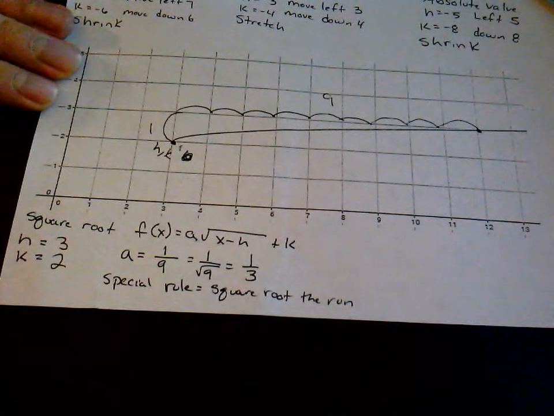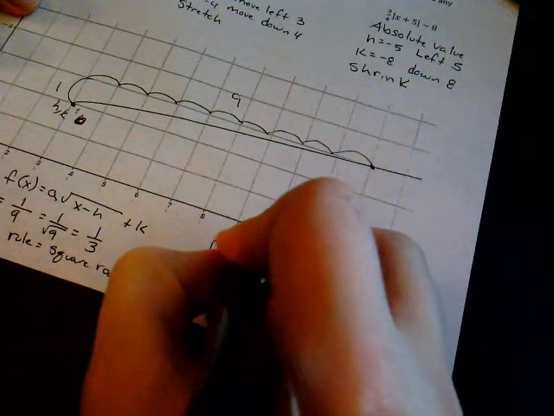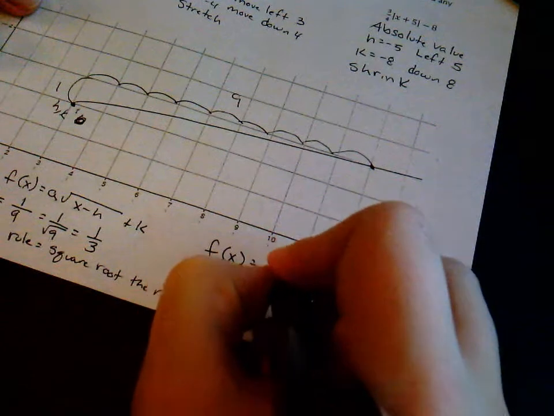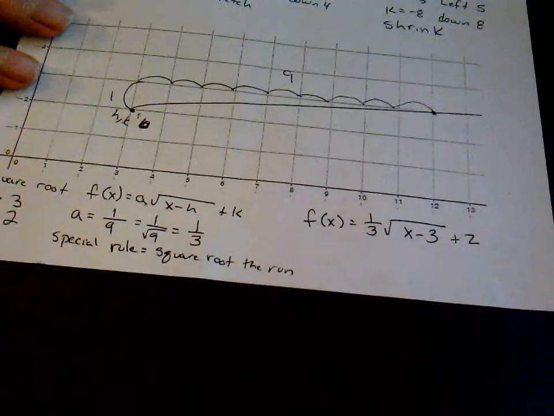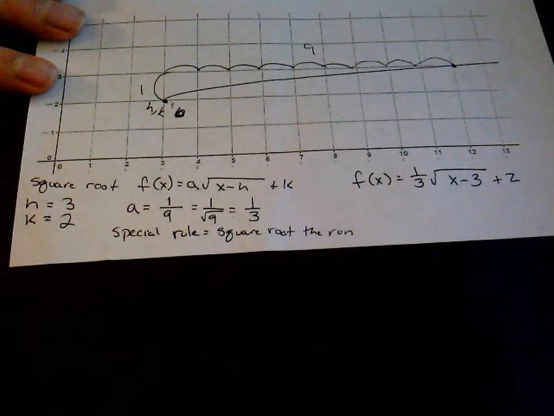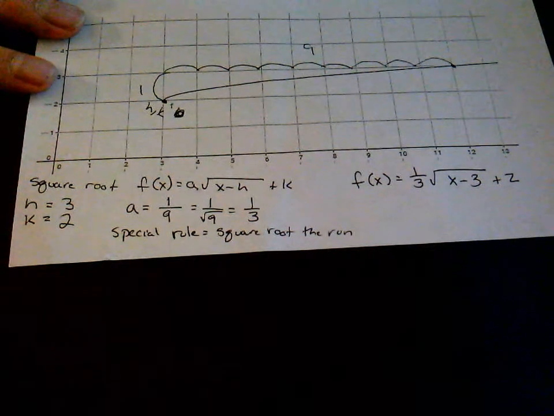So when we put this in our equation, it becomes like this. It's going to be f of x equals 1 over 3 square root of x minus 3 plus 2. So that's what our equation is. So now we know it's a square root.